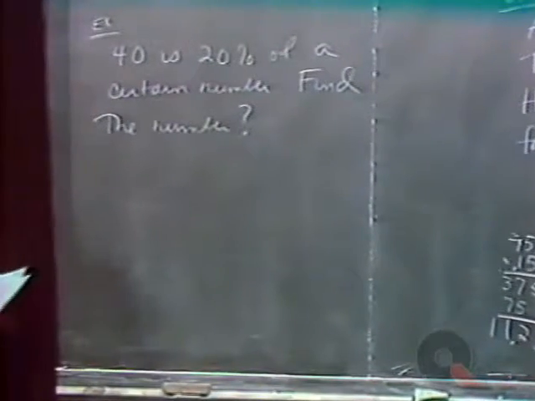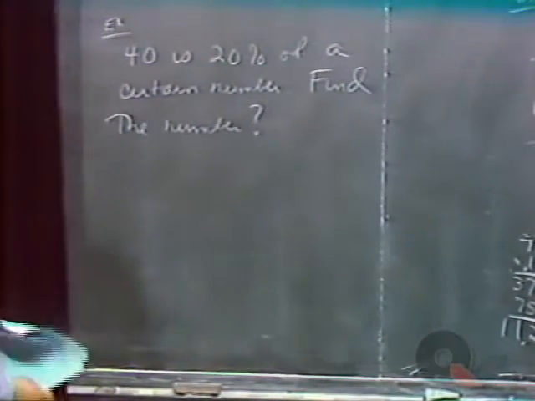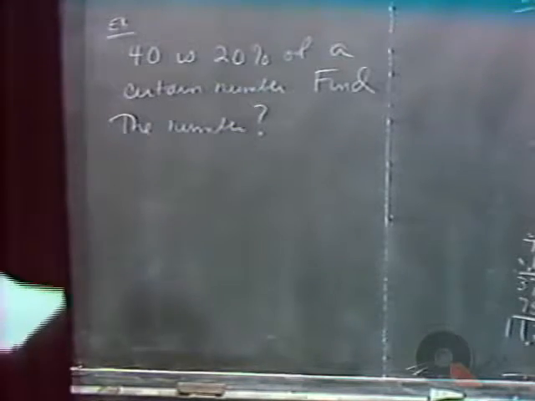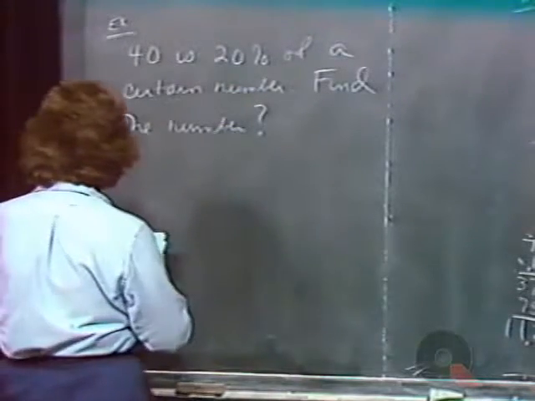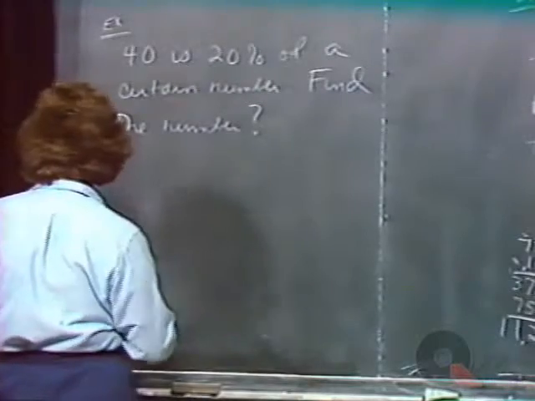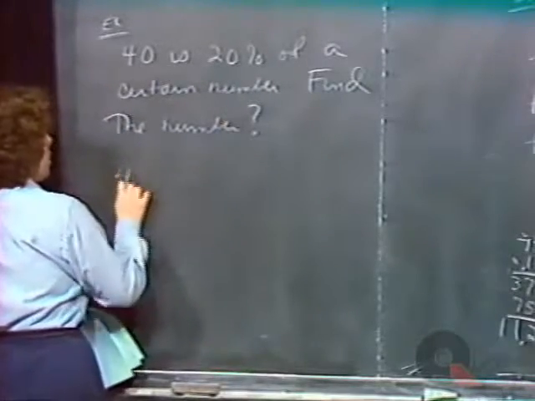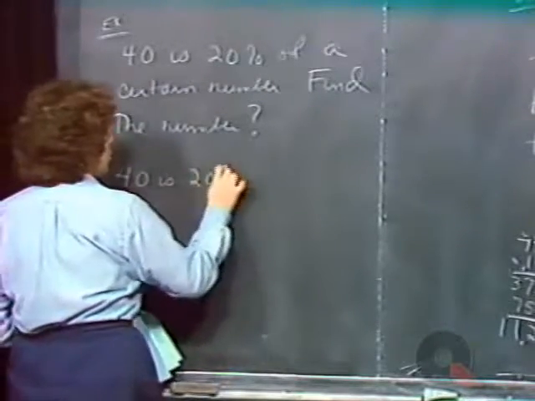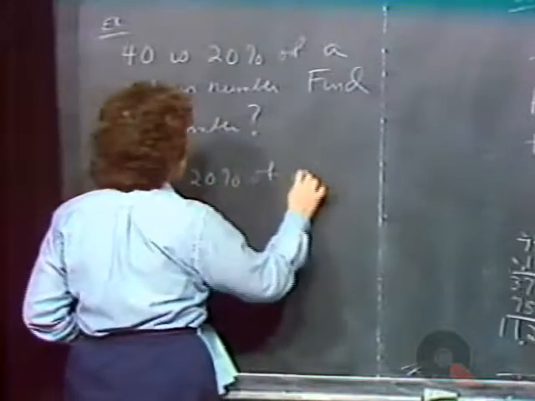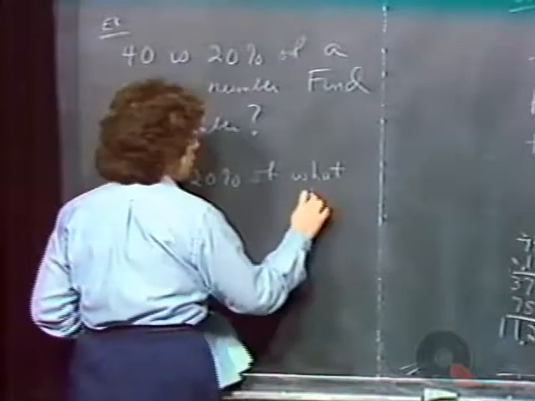Forty is 20% of a certain number. Find the number. Okay, what they're really saying here is, 40 is 20% of what number?